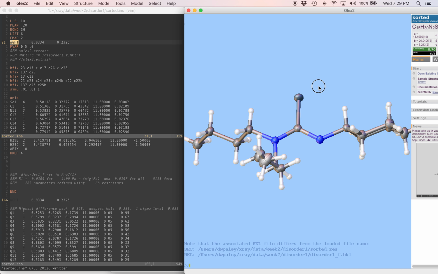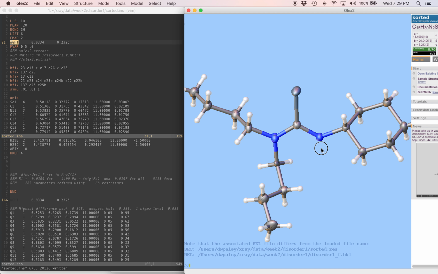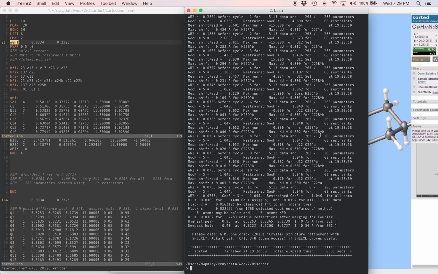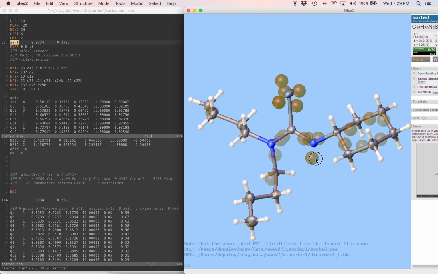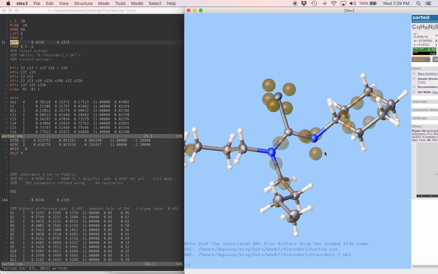But at the same time, it should have a 3rd atom attached to it, and we know that that should be a hydrogen atom. We can see in the difference map there clearly is a hydrogen there.